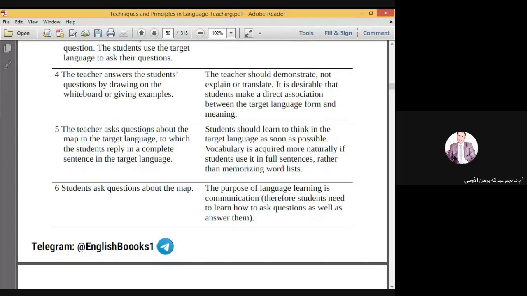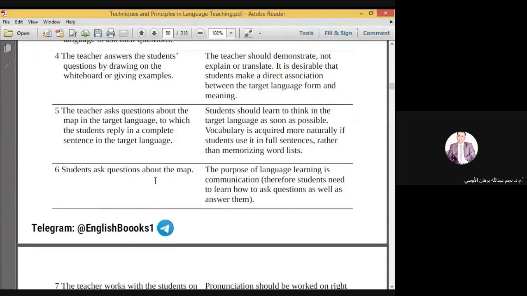Five, the teacher asks questions about the map in the target language, which the students reply to, and completes sentences in the target language. What is the principle? Students should learn to think in the target language as soon as possible.